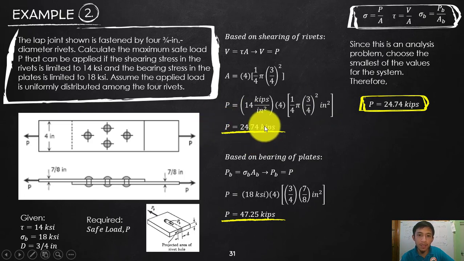So that is our force P that will fail the rivets by means of shearing. We maximize the shearing strength, and the rivets can only carry 24.74 kips.